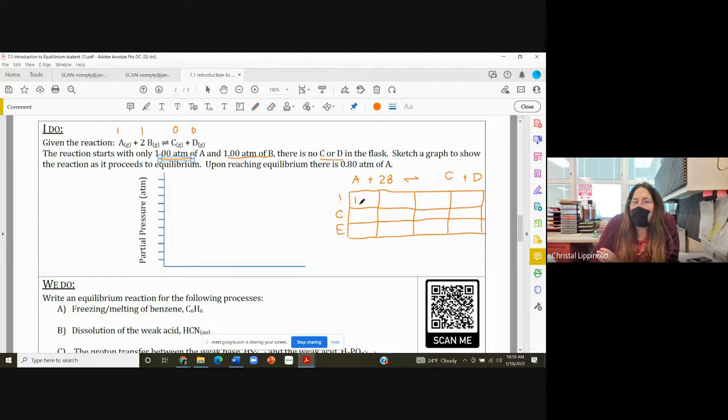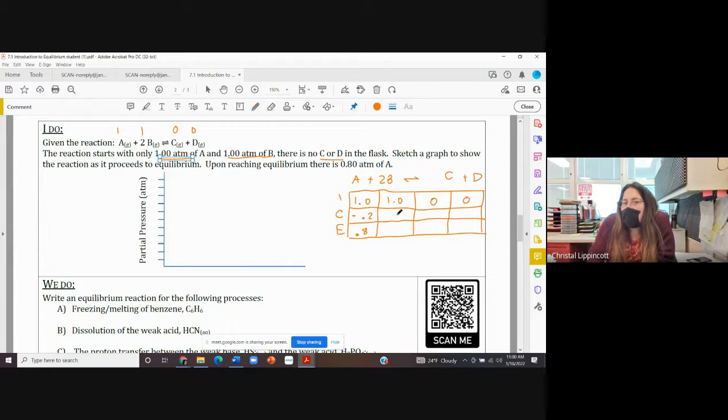These are starting out at 1.0. They said that there's none of this there. They said that when we were done, that A was 0.8. So what was my change for A? 0.2.